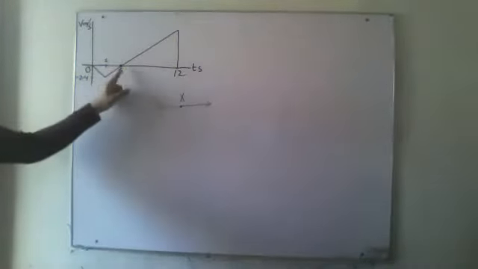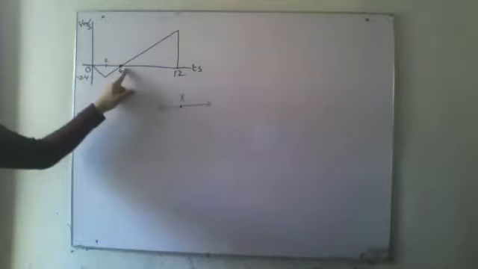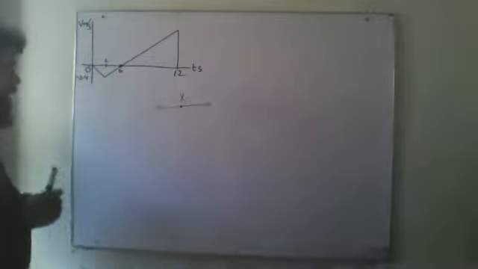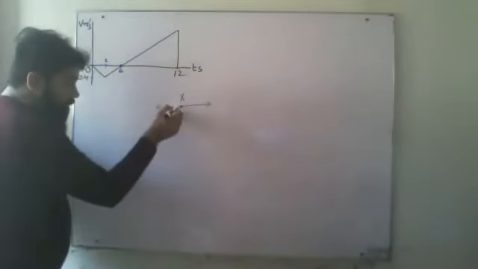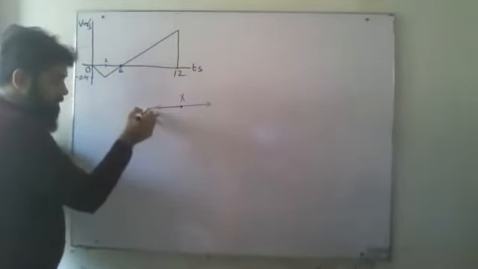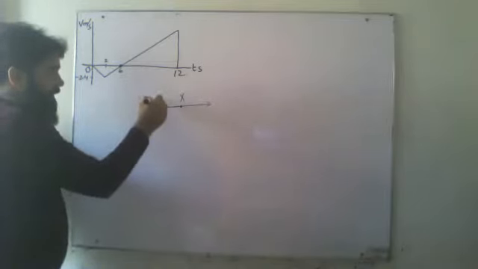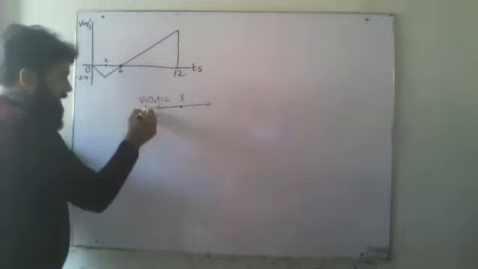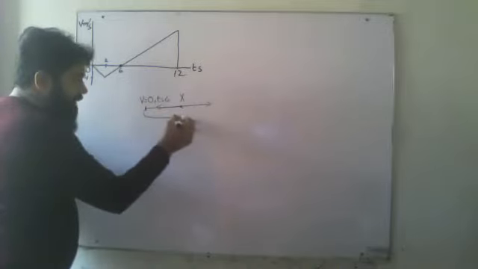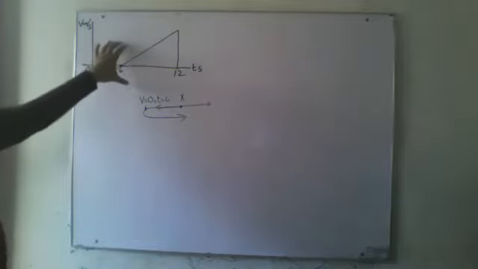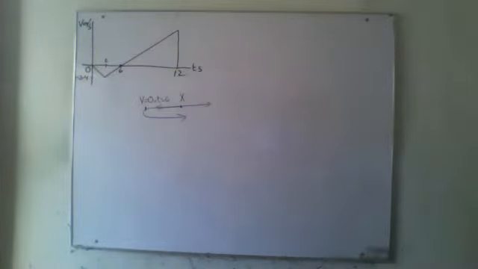We know that if velocity equals 0, it means the body is going to take a U-turn over here. At v equals 0, when t equals 6, the body has taken a U-turn and now the body is moving backward. This is the whole thing which is shown by this graph.